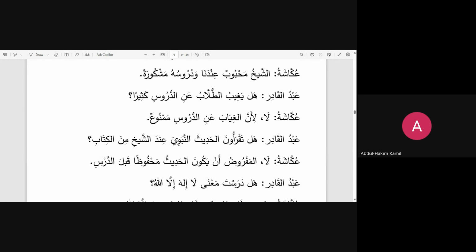Farada. Farada Allah al-Hajj. Al-Hajj is mafrood. It's obligated. It's a necessity. The obligation. Al mafrood, what is obligatory. أن يكون الحديث محفوظا قبل الدرس. The obligation that the hadith has to be memorized before class. Very good.